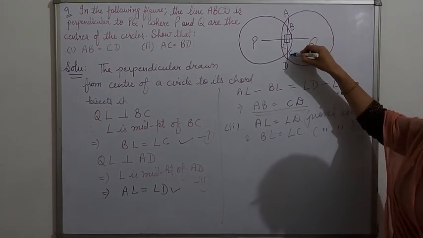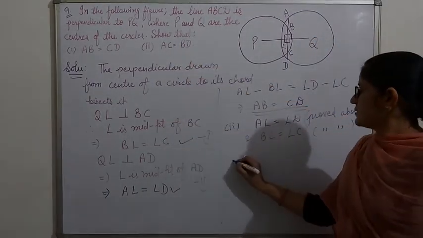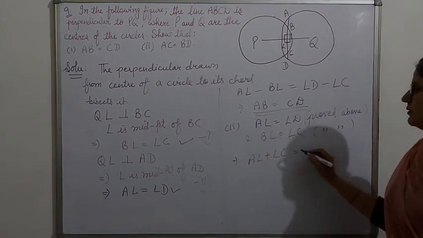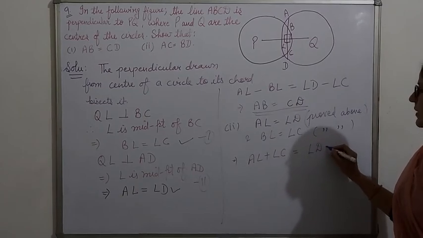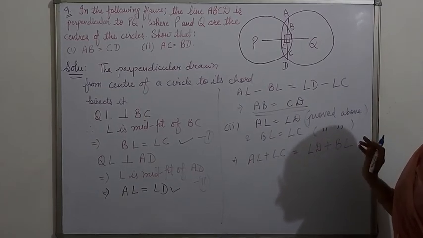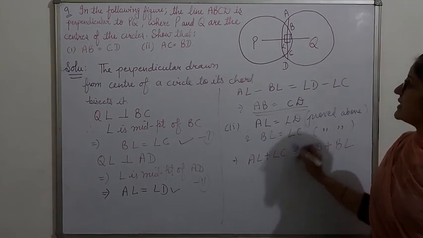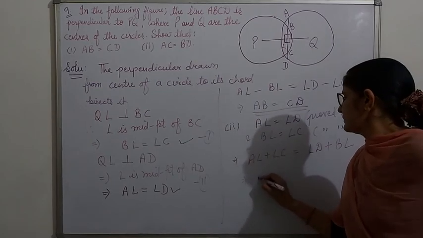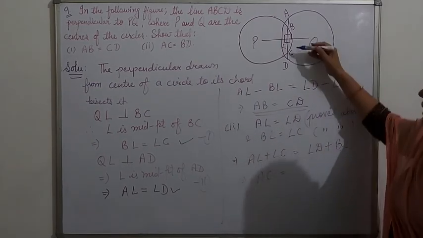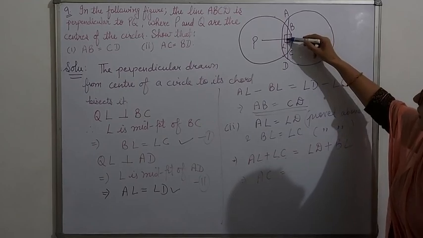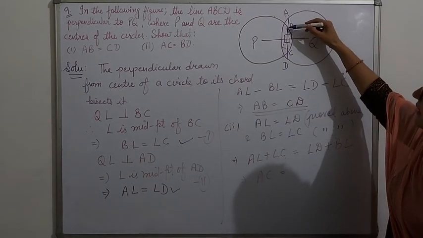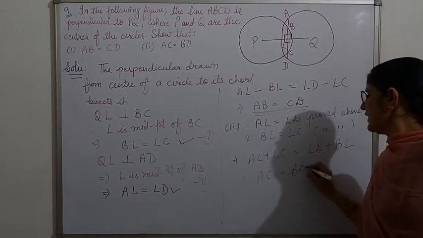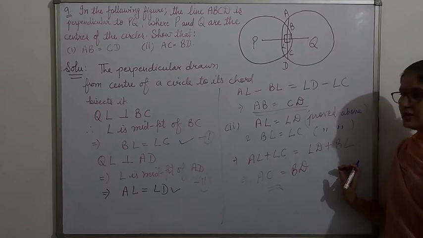AC. So AL plus LC is equal to LD plus BL. When you add AL and LC, what will come? AC. And when you add LD with LB, what will come? BD. This only we had to prove, and this is the solution.